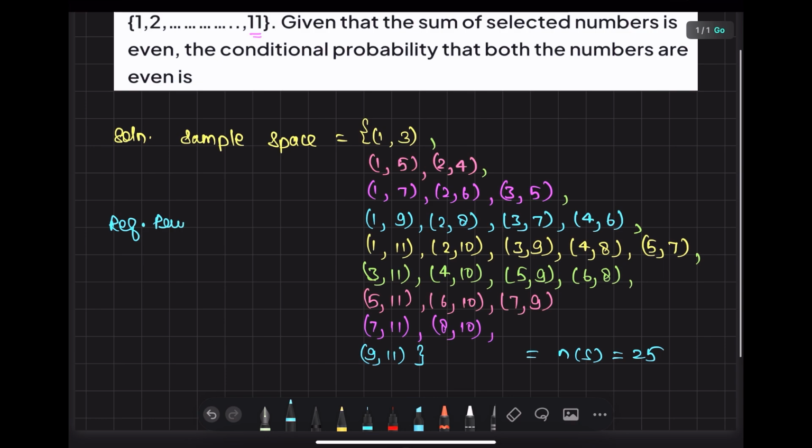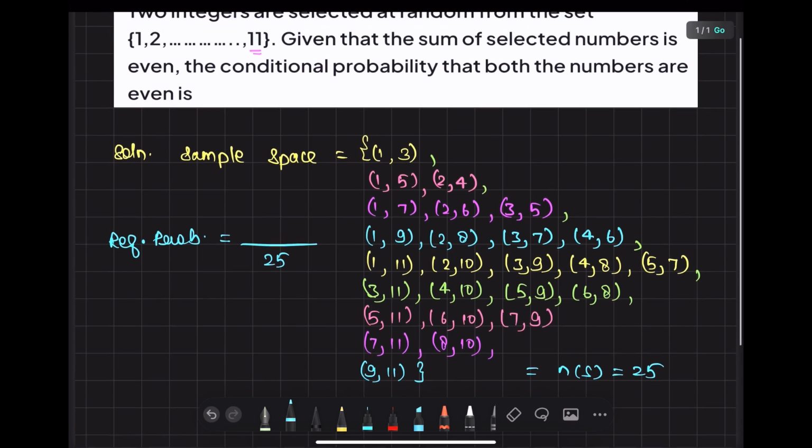Now let's write down the required probability. The total number of elements in the sample space is 25. Now we have to find the probability when both numbers are even. Look at this. 1 3 reject, 1 5 reject, 4 2 is selected, then 2 6 is selected, then 2 8 is selected.